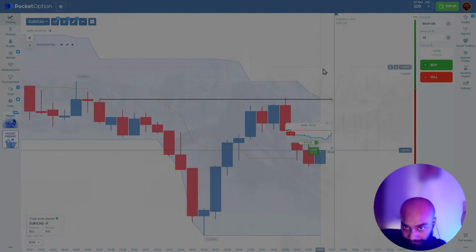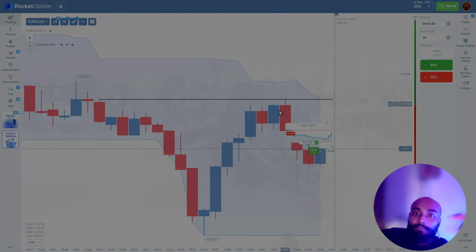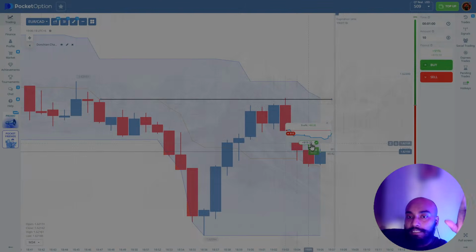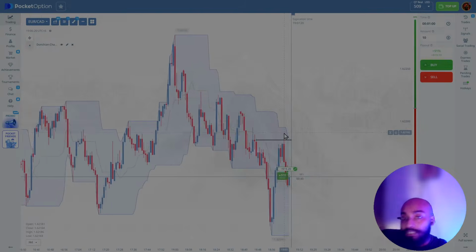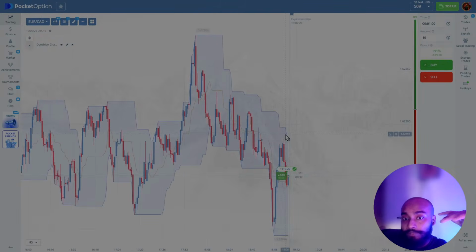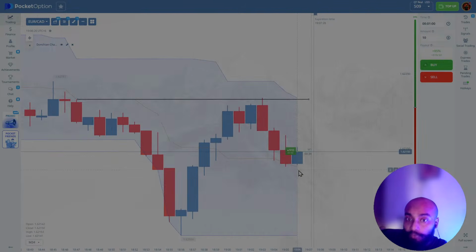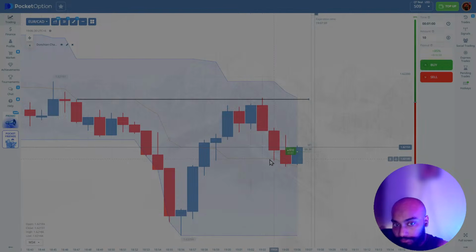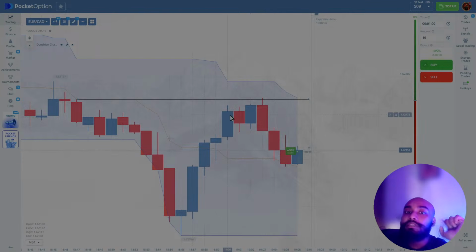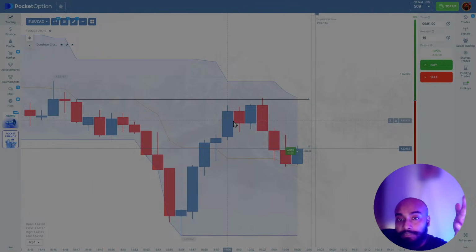I took a sell trade here because the trend was down, right, and consolidated. That's why I took a down trade from here, and right now I'm going for up because here we got a support, and here if you see, we got momentum, right?